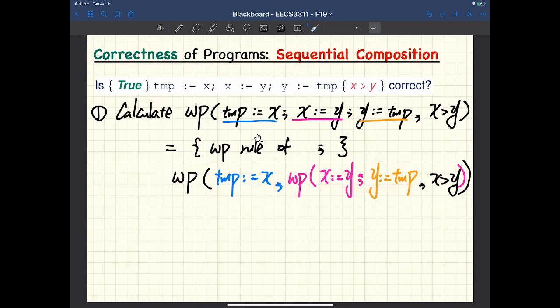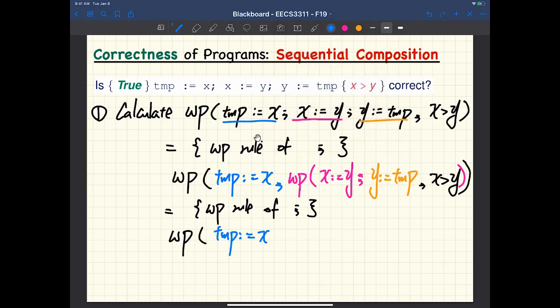And now I'm going to say another WP rule of sequential composition. I'll make sure I got 1 minute. I want to give you a challenging interview exercise, a real one. WP over here, and then we got temp is assigned to X, followed by, and WP over here, X is assigned to Y. So now we can apply the sequential composition, right?